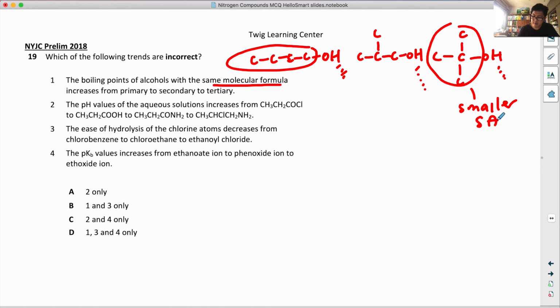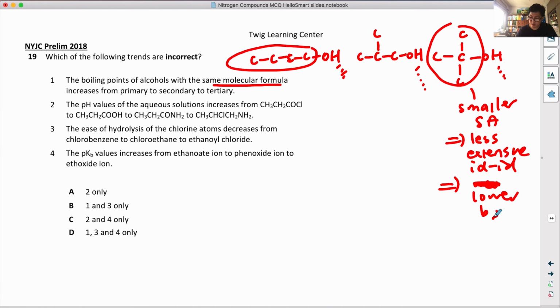Because a smaller surface area implies weaker, or I'd probably say less extensive, instantaneous dipole-induced dipole interactions. So it implies a lower boiling point. Because of weaker, less extensive interactions, you end up having a lower boiling point.